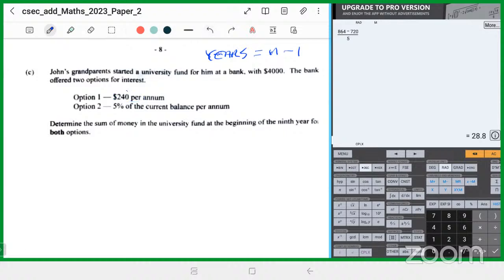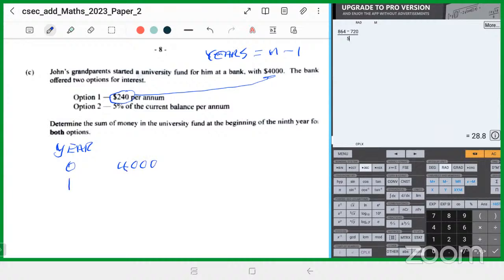So in the first year, you're going to add this to this. So year 0 when you start, the amount in there is 4,000.